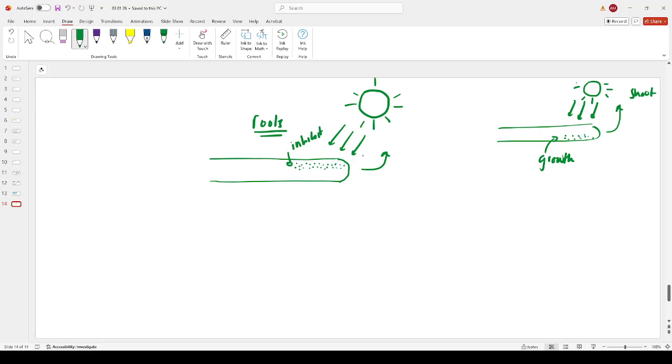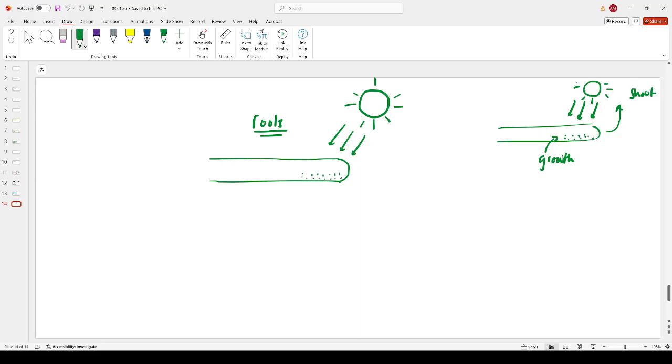You could say that this diagram is basically a complete waffle. But if this is a root, where should the hormones be? On the lower side, right? Very good. So on a root, the hormones should be on the lower side.